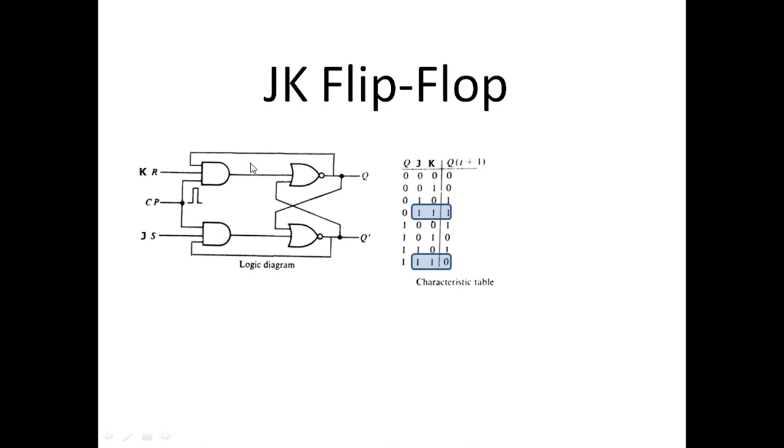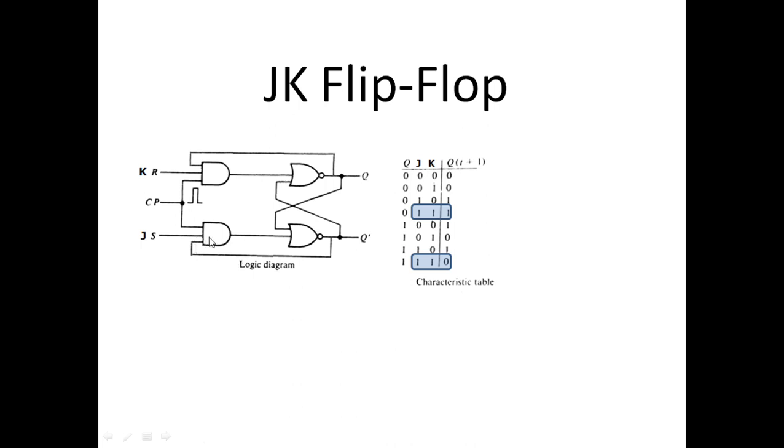So when R is 0 and S is 1, it will set the flip-flop. That means we get 1 at the output. So instead of indeterminate, now we know what the output would be, that is 1. Similarly, when 1 is provided at the JK input, but the current state is 1, we get all of the inputs of these AND gates as 1 except the feedback from Q prime, which is 0.